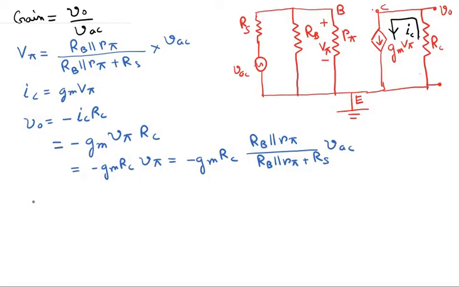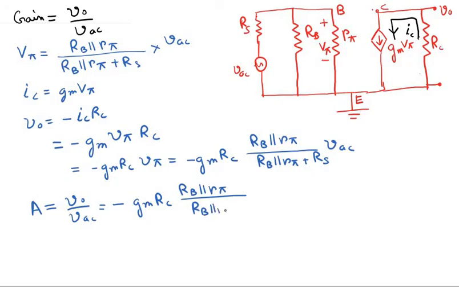Okay, so the gain is actually denoted by this capital A. A is equal to gain. This is equal to V0 divided by VAC, which is equal to minus GM RC RB parallel to R pi divided by RB parallel to R pi plus RS.